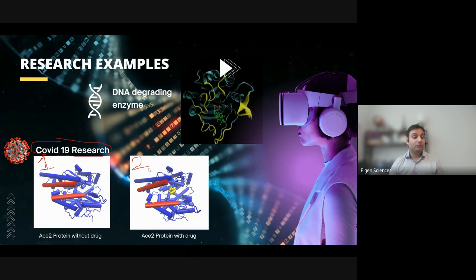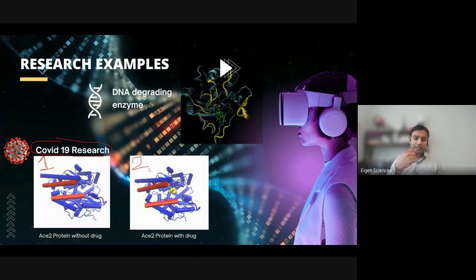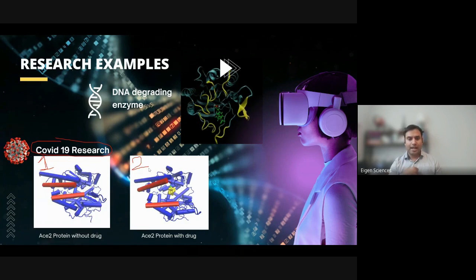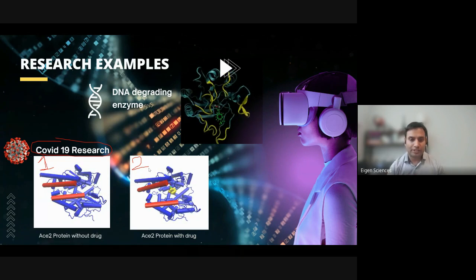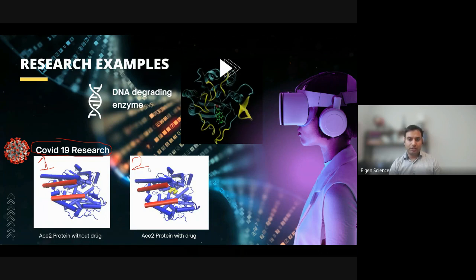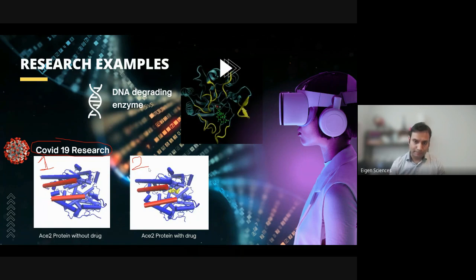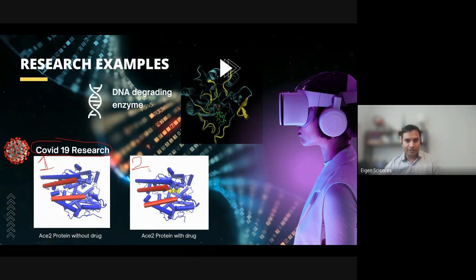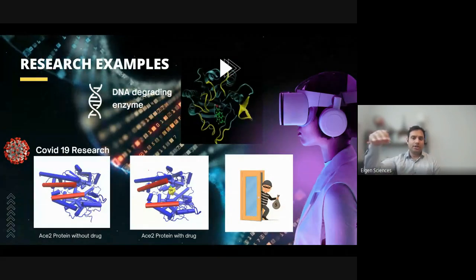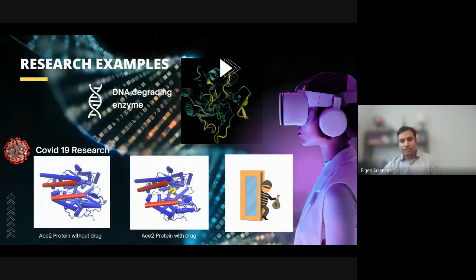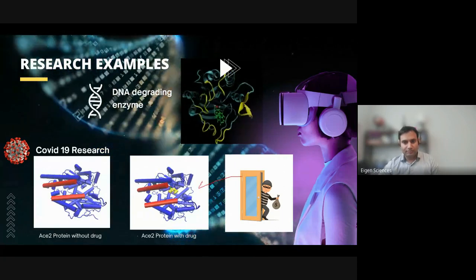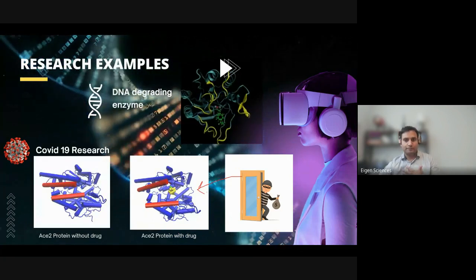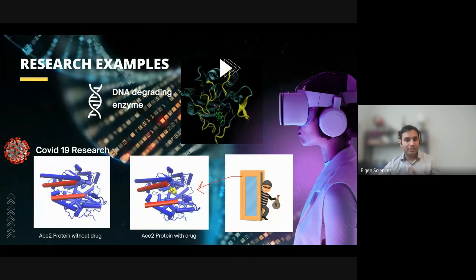When coronavirus enters our body, it goes to the lungs, and the first thing the coronavirus does is bind with this protein. So coronavirus first binds with this and then it enters. It's just like a thief trying to enter a door. This door is this purple color protein, which is our body, and the coronavirus, or thief, is trying to enter.